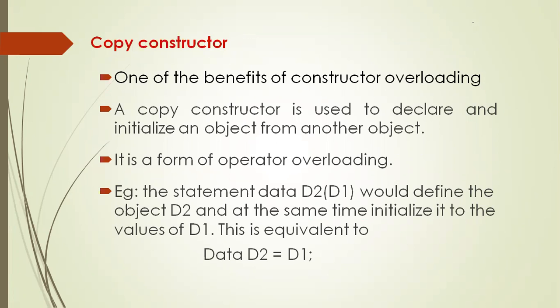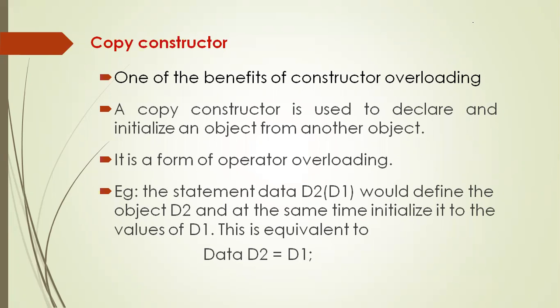What do you mean by copy constructor? A copy constructor is generally used to declare and initialize an object from another object. That means the data members of one object can be copied into another object using copy constructor. Generally, a constructor is executed when the object is created.